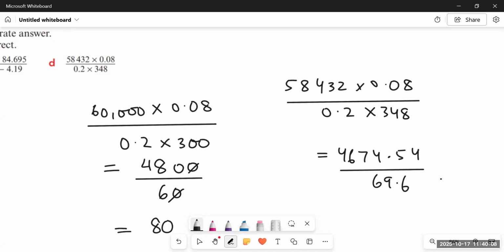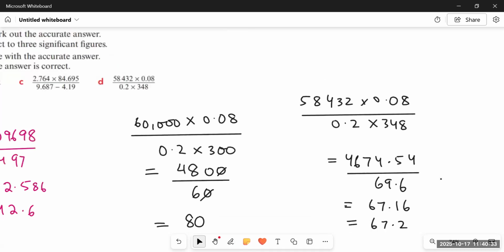Now we will simply divide 4674.54 with 69.6, and the answer would be 67.162. And when we round it to three significant figures, it would become 67.2.